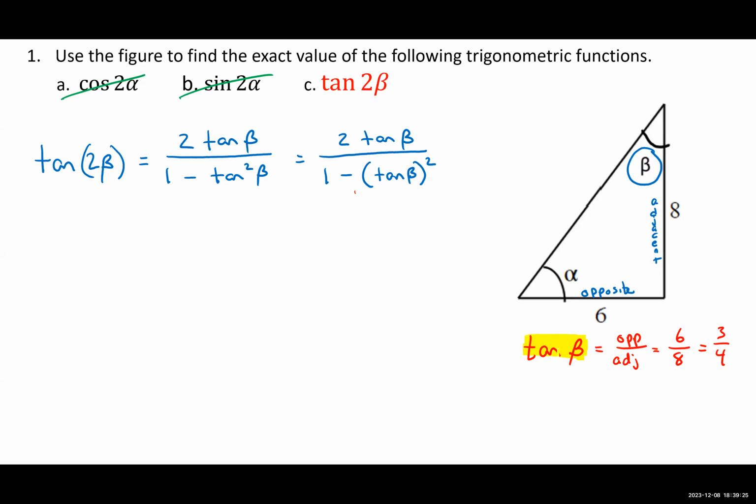Right, so the tangent of beta is 3/4, and so we've got a tangent of beta here and a tangent of beta here, so they both become 3/4. So this becomes 2 times 3/4, all divided by 1 minus 3/4 squared.